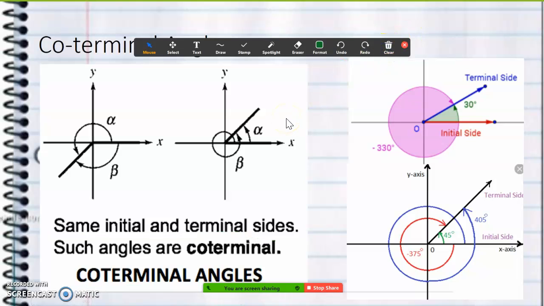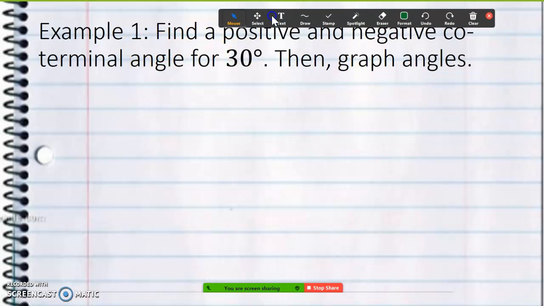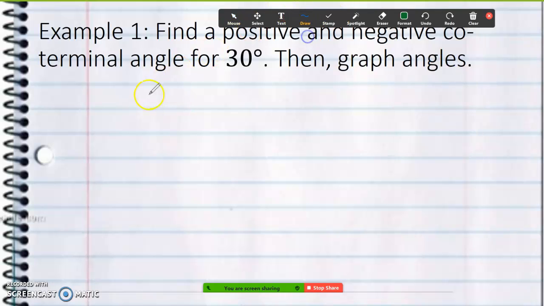And that's what I'm going to show you some examples of now. So, example 1, we're going to find a positive and a negative coterminal angle for 30 degrees. Since this is an angle in degrees, we're just going to go one full rotation around, so we're going to add 360 degrees.